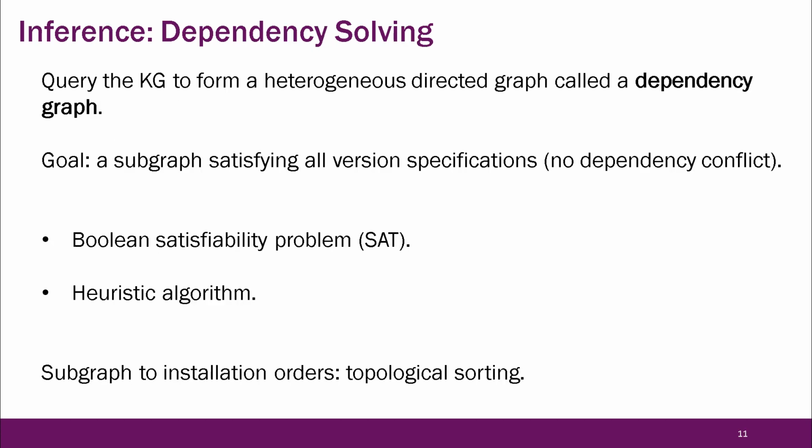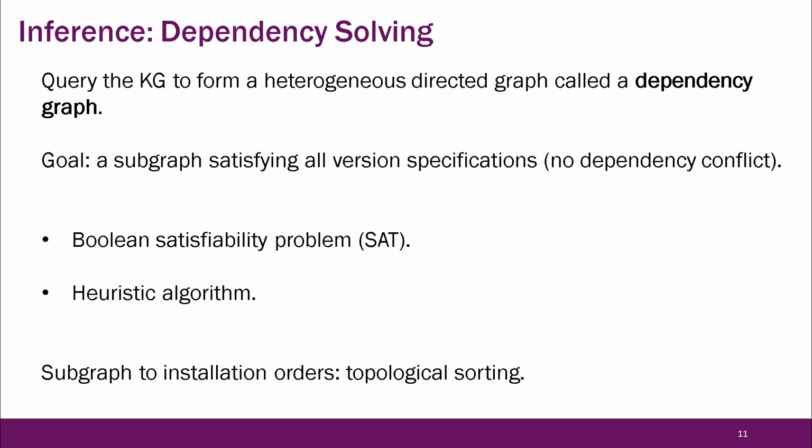We query our KG for all transitive dependencies of the candidate libraries, forming a directed graph called a dependency graph. We expect a subgraph of the dependency graph satisfying all version specifications, which means no dependency conflict in the inferred environment.